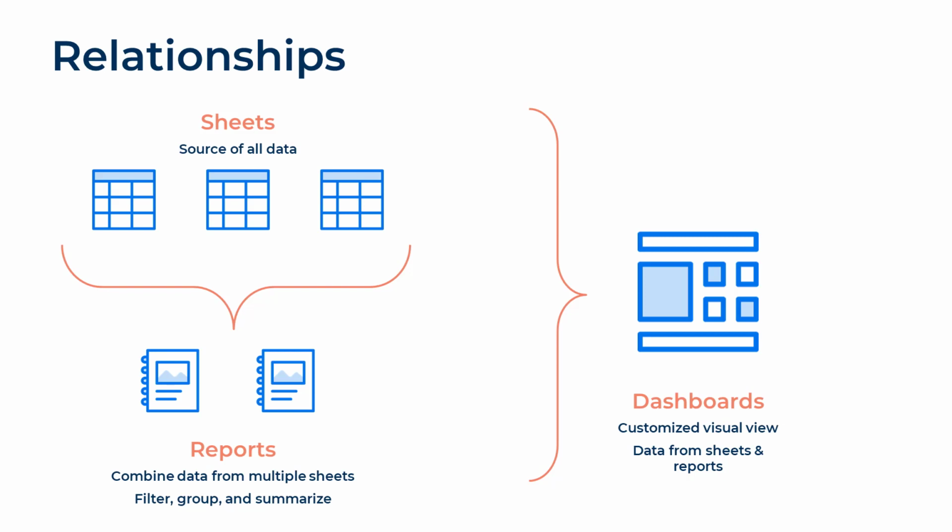And the great thing with reports is those functions are pre-built, so you don't have to write a formula. The reports are able to roll up information for you. As I mentioned earlier, if you need to dive a little bit deeper into one of these topics, so sheets or reports, we do have a dedicated SmartStart session focused on each of those.